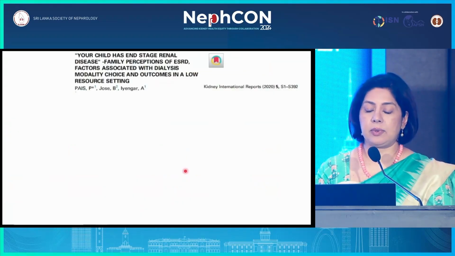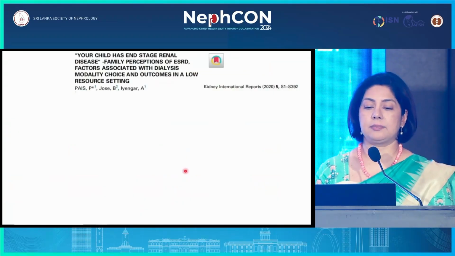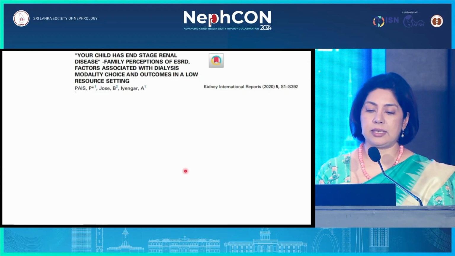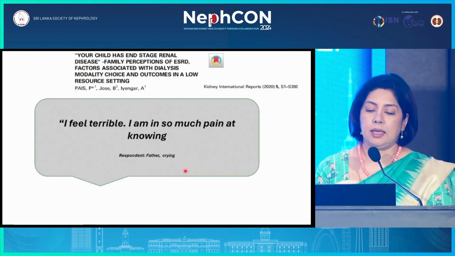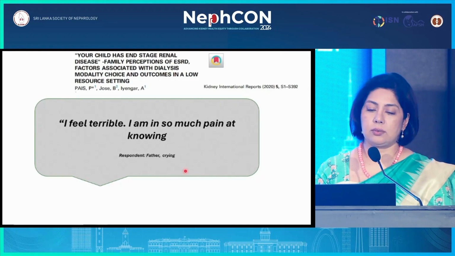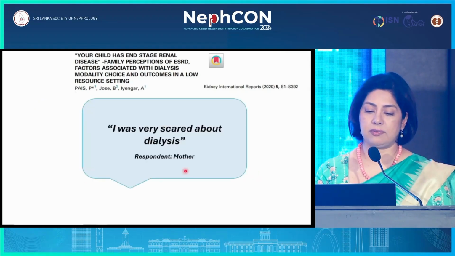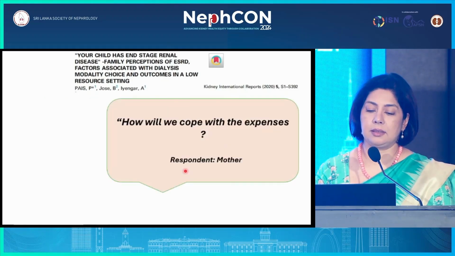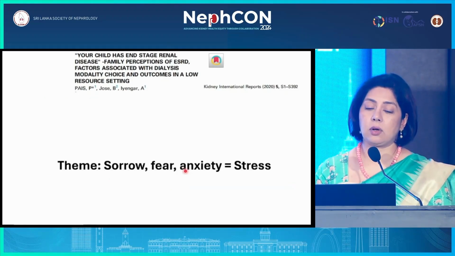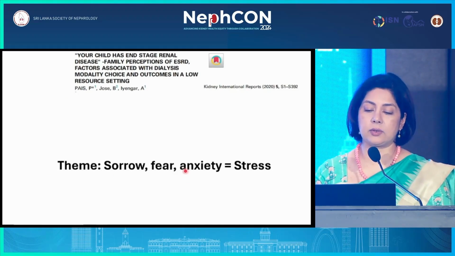So this is a study when we interviewed parents of children who had been diagnosed with kidney failure. And if you look at the quotes, which I'll go through briefly, the caregivers also need our attention. There's a lot of fear, especially when the diagnosis is late.